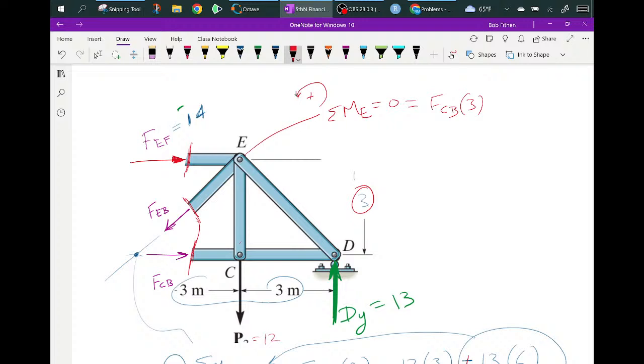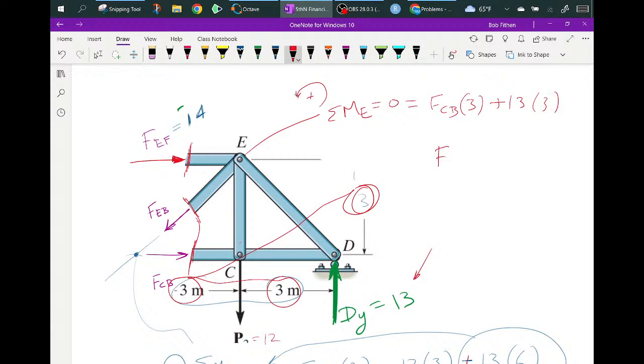That's funny. And then this one goes that way. Well, that's quite interesting because that is plus as well. And it's 13 because that's its value right down here. And then its moment arm. There are a lot of 3's here. That's kind of beneficial. I don't have to remember too many things.